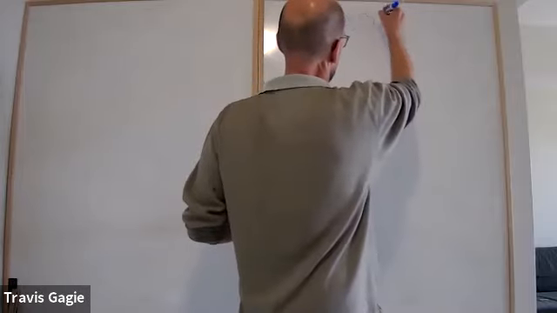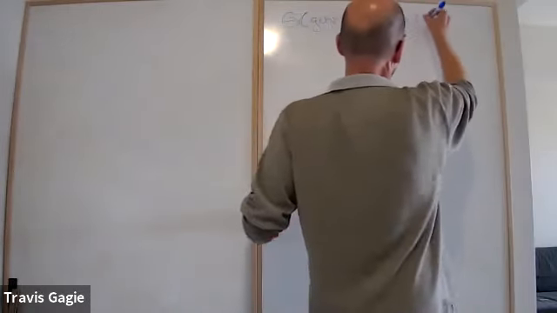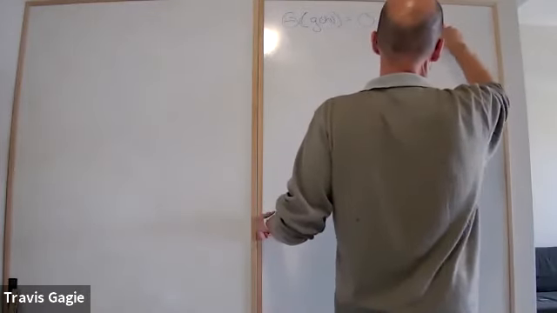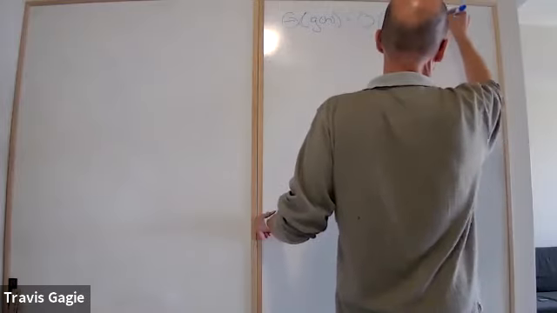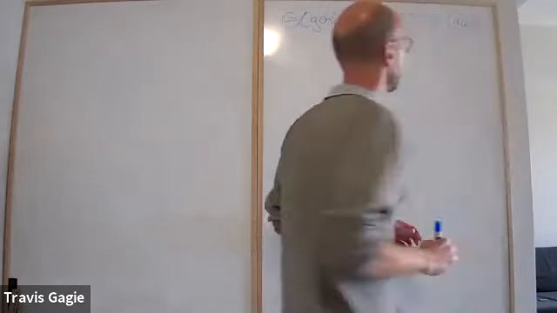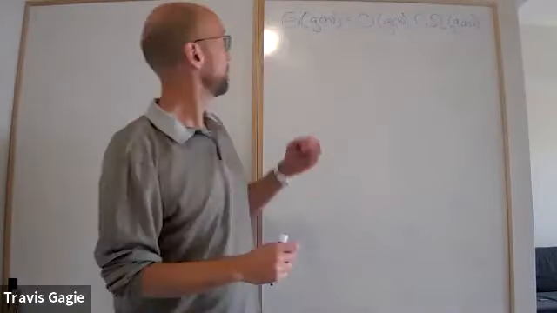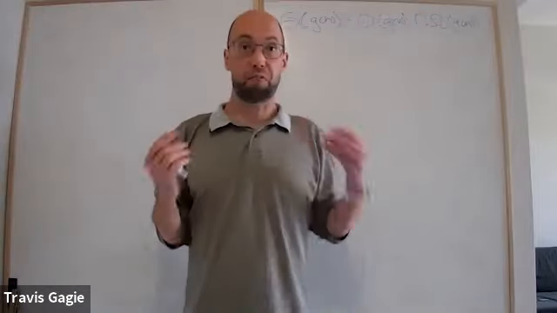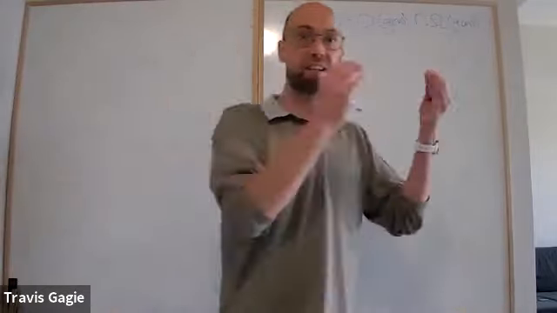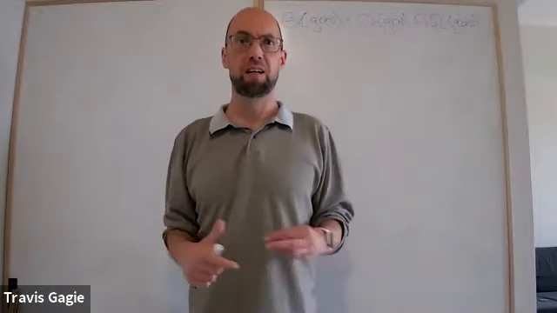That's the intersection of O of g of n, cap intersection with omega of g of n. So if some function is in theta of g of n, it means it's at most about g of n and it's at least about g of n, so it's about g of n.